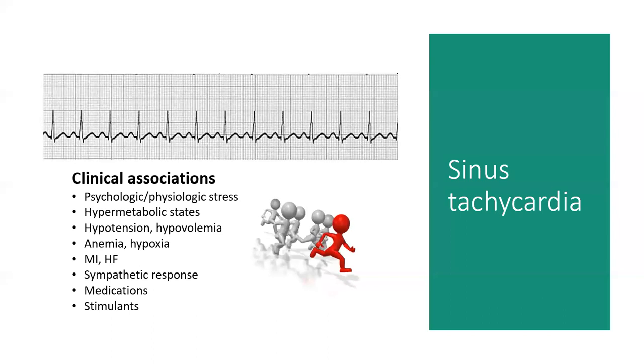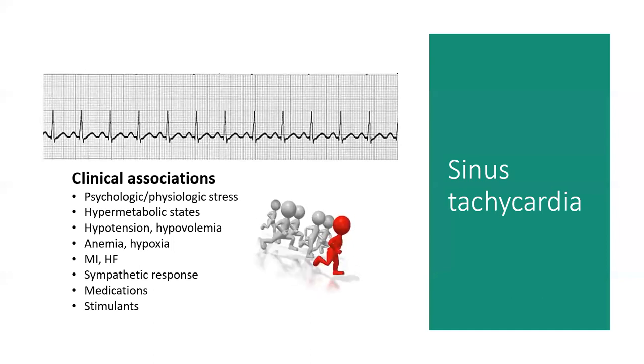P wave is normal and consistent in shape, always in front of the QRS, but it may be buried in the preceding T wave. So if the rhythm's going fast enough, there may be a P wave that's buried within the end of that T wave. PR interval is consistent, between 0.12 and 0.20, and then your P to QRS ratio is 1:1.